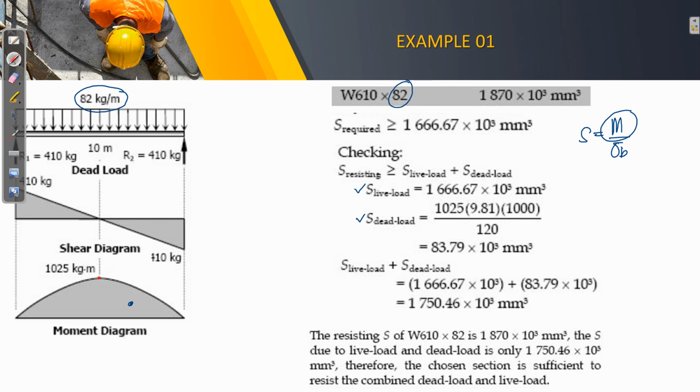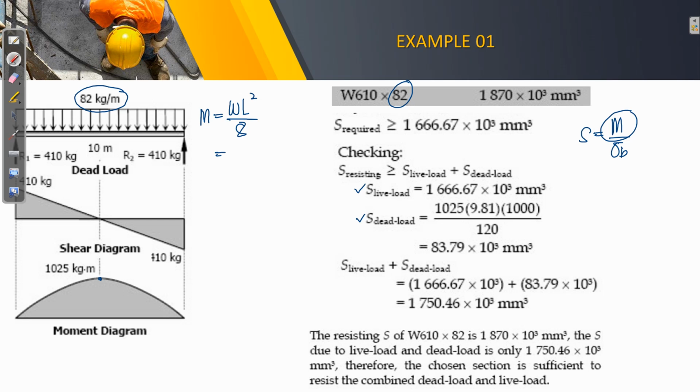So again, we have a ready-made formula for simply supported beam. Or if you want, you might do the shear moment diagram to come up with the moment diagram. But I suggest that you just remember this formula, the maximum moment for a simply supported beam. When we say simply supported beam, we have a pin and a roller with a loading of distributed load.